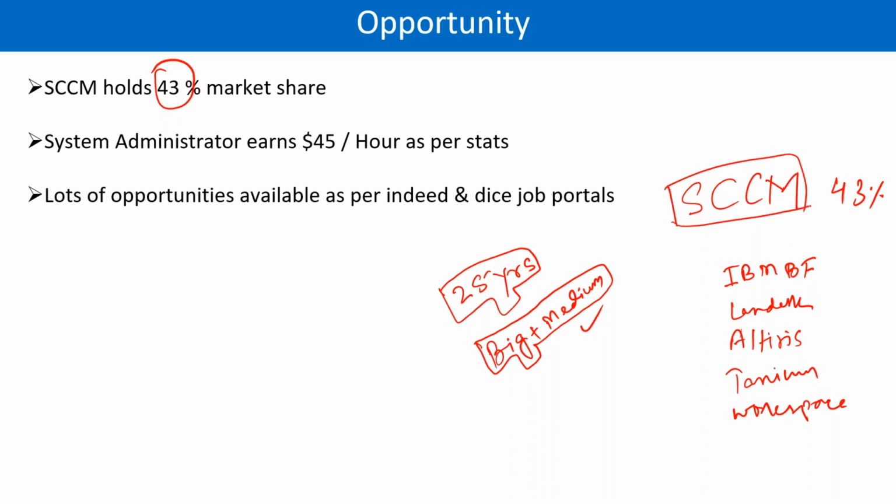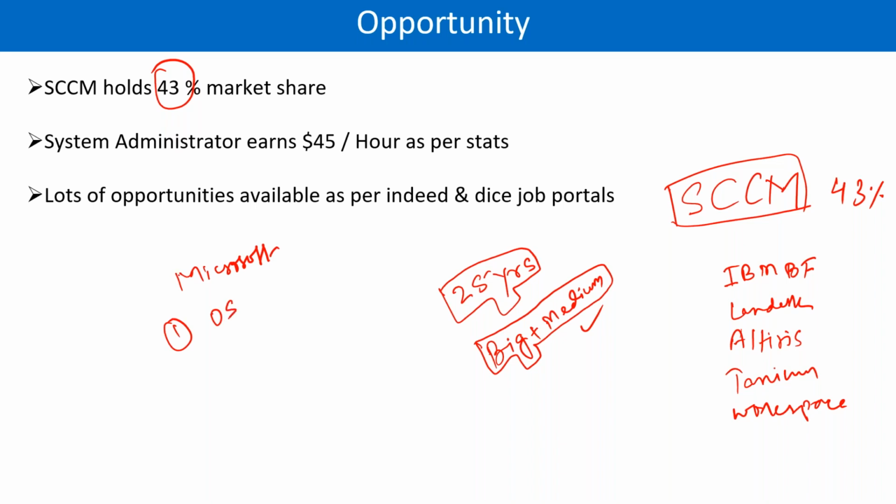Why is SCCM deployed hugely all over the globe? Because SCCM is the third largest selling product of Microsoft. First of all, Microsoft is selling operating systems like Windows 10, Windows 7, and Windows Server.